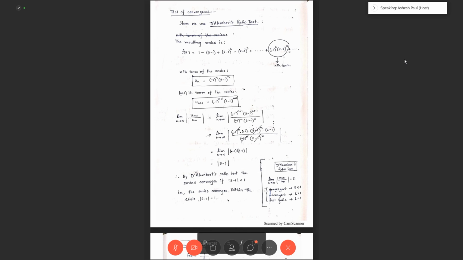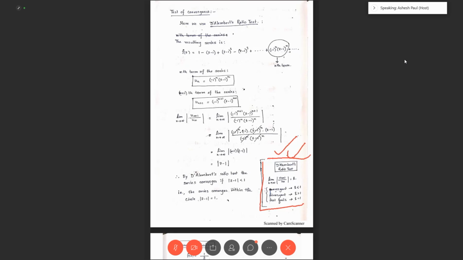The D'Alembert ratio test says that, if the nth term of an infinite series is un and the n plus 1th term is un plus 1, then limit n tends to infinity of mod un plus 1 by un equal to L.